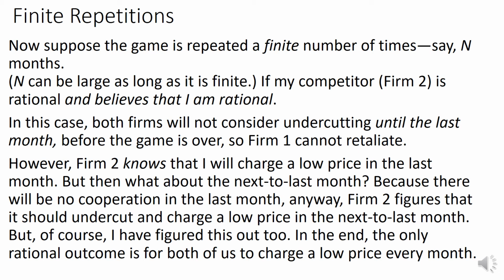In the finite game, we can induce backwards, reverse induce, to get us to charging the low price every time, that inefficient prisoner's dilemma equilibrium. And this doesn't happen in an infinite game. Questions so far?